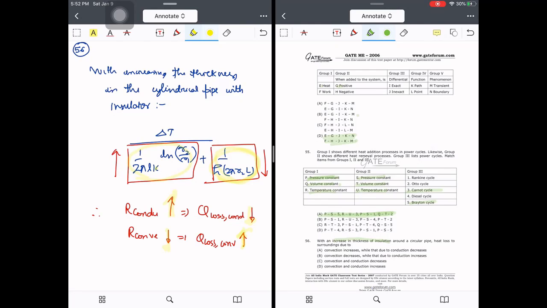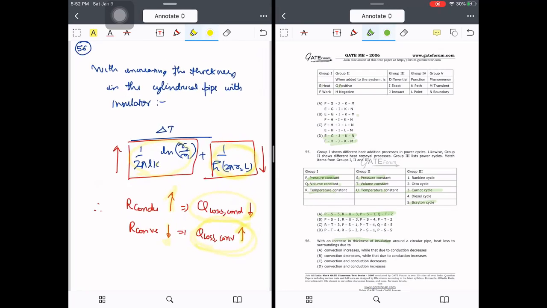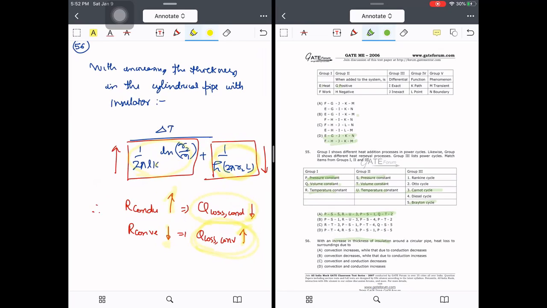We are increasing the overall area of convection. Therefore the Q loss increases as we increase the insulation lining. So in short, when we increase the insulation thickness, Q loss due to convection increases and Q loss due to conduction decreases.